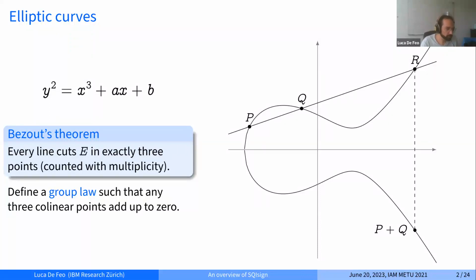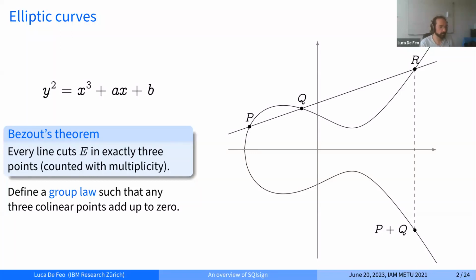Here I'm cheating a bit because you need to be in an algebraically closed field for this to be true. Otherwise, it could be intersected in fewer than 3 points. But let's think algebraic closure, because that's what we always do. So let's think complex numbers, for example. Then every line intersects in exactly 3 points if you count with the appropriate multiplicity.